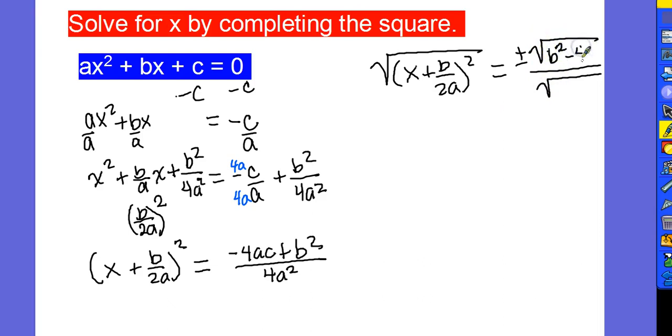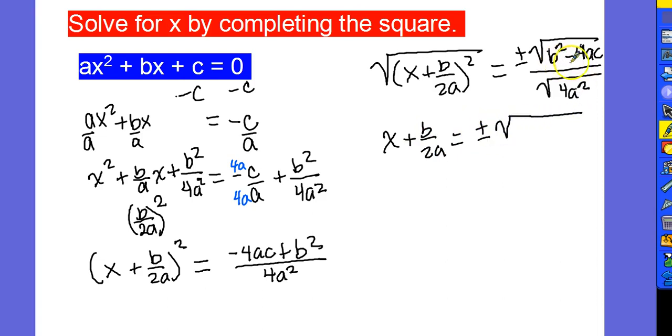So I'm just going to switch it to b squared minus 4ac. Hopefully you're keeping up with that logic. I don't usually lead with the negative over the square root of 4a squared. Separate because the top's not a perfect square, but the bottom is. And we get x plus b over 2a equals plus or minus.